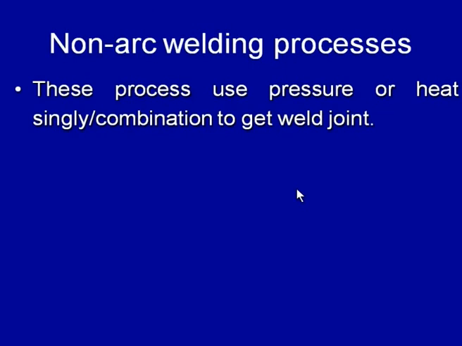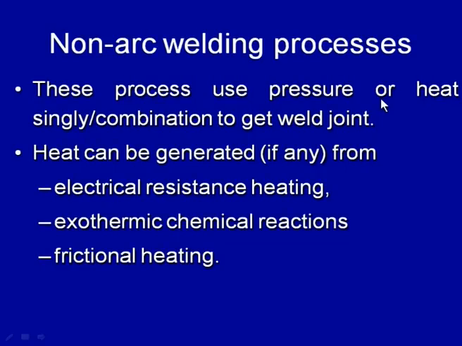So, here we will see first the non-arc welding processes. These processes primarily use pressure with or without heat. So, these processes use pressure or heat either singly, means only heat or only pressure, or a combination of the both to get the weld joint.